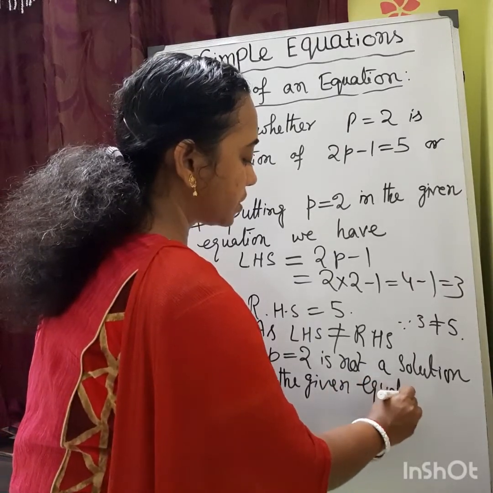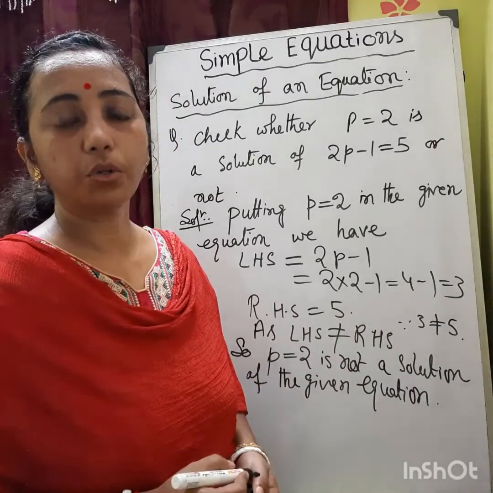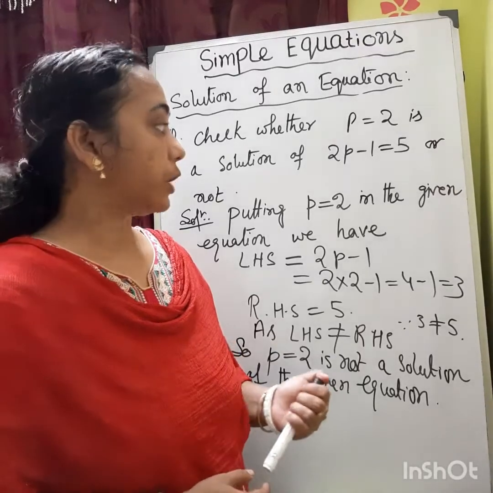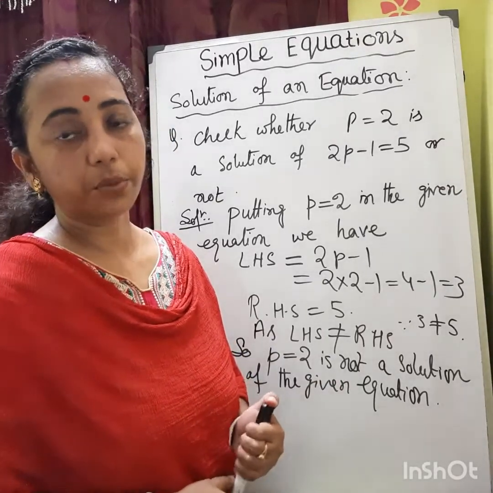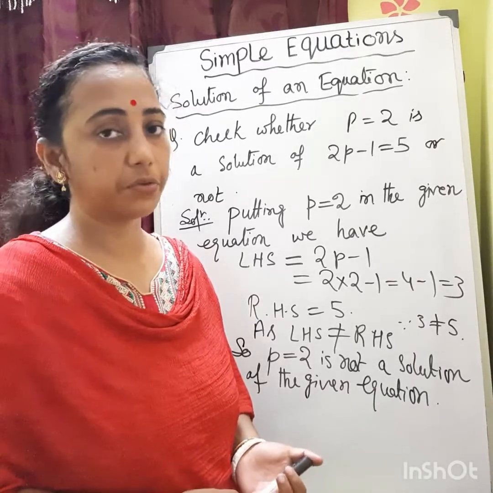What is the given equation here? The equation is 2p minus 1 equal to 5. So in this way we can check whether the given value of the variable is a solution of the given equation or not. Try some questions which are given in your book.